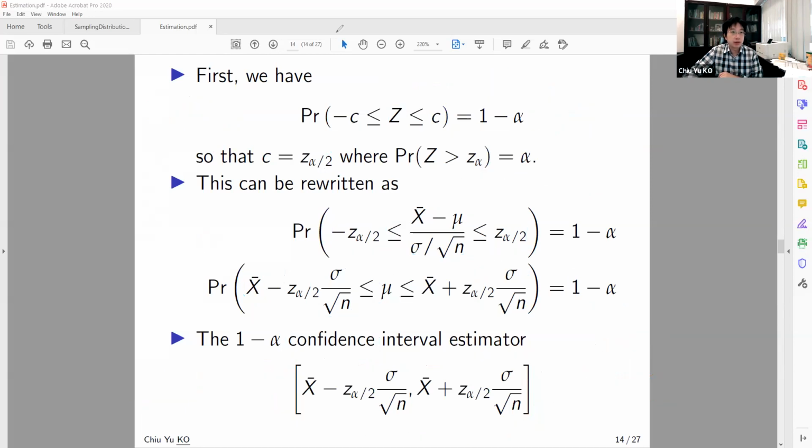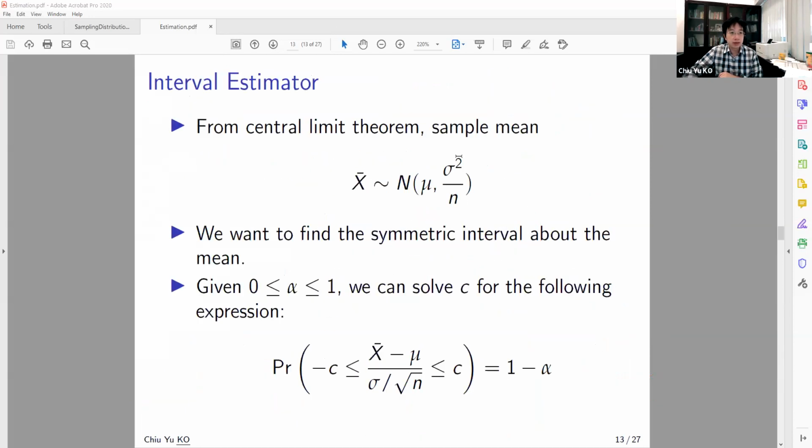Let me clear the screen. It's this, so that's why I wrote this is its own variance. If you don't like it, you can replace this by sigma x bar squared, or replace this by sigma. Is that okay, Ho Ying? I hope that's okay. Any further question?